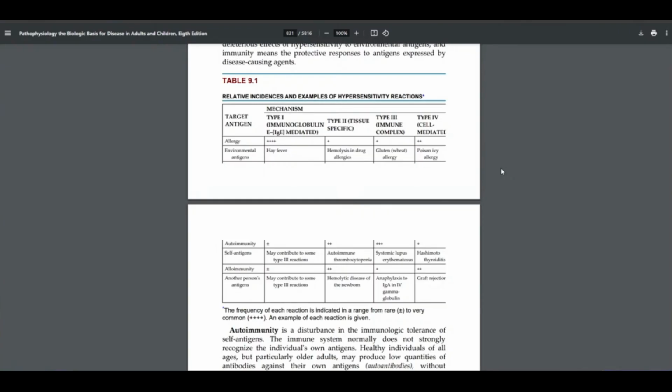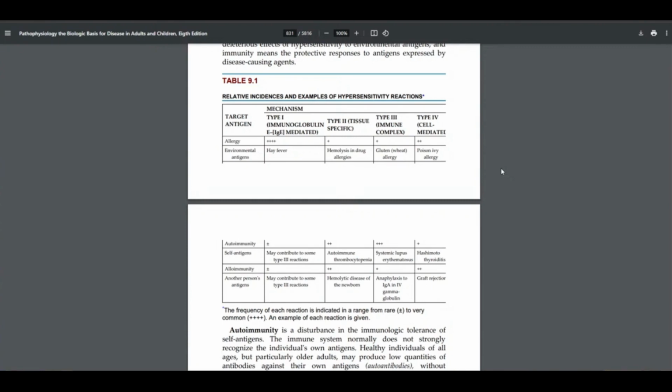So there is a type 1 immunoglobulin IgE mediated, which is very positive with allergies. Then there's a type 2 tissue specific allergy. So, for instance, the hemolysis in drug allergies, which would be its environmental antigen.